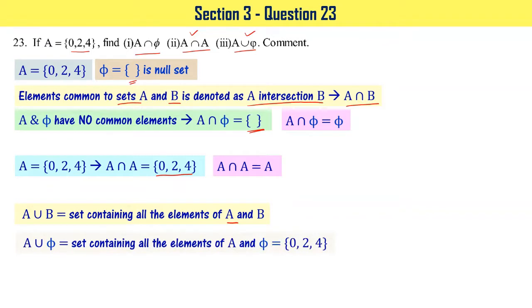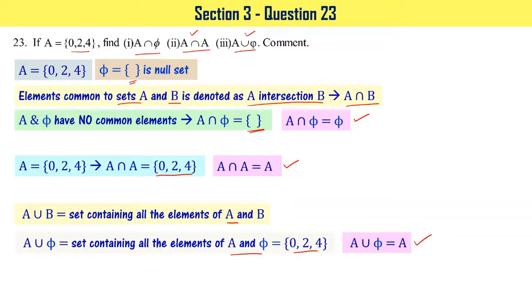Hence, the set containing all the elements of A and Phi is going to be 0, 2 and 4. Hence, I can say that A union Phi is A. So when you are asked to comment, you say that A intersection Phi is Phi, A intersection A is A, and A union Phi is A.